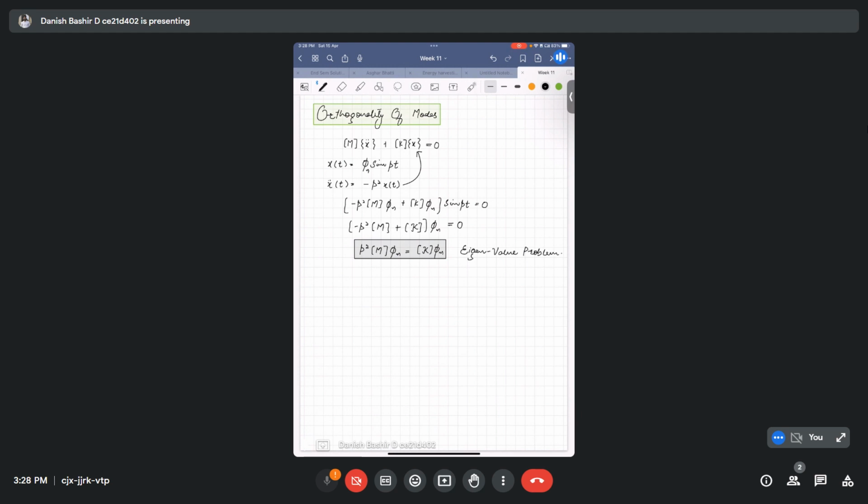We can write this as k minus p square m times phi n should be equal to 0. So for a non-trivial solution, we need the determinant of k minus p square m to be equal to 0.